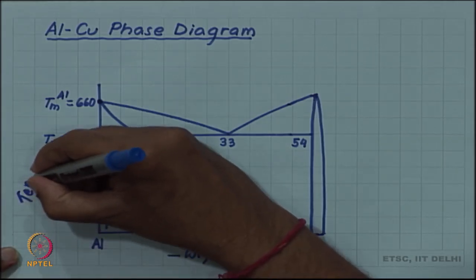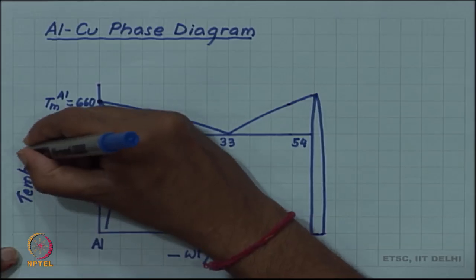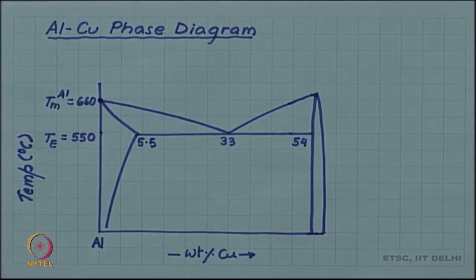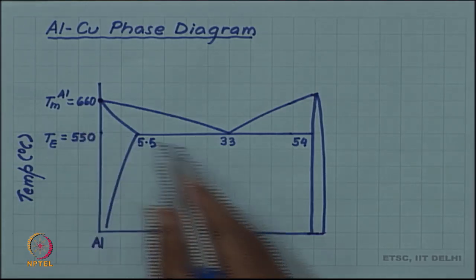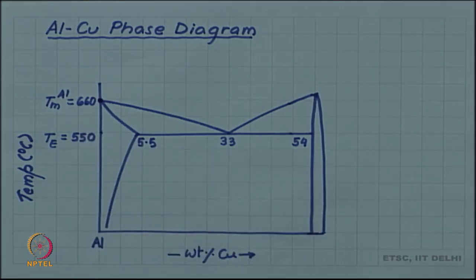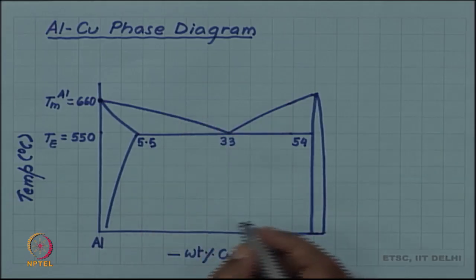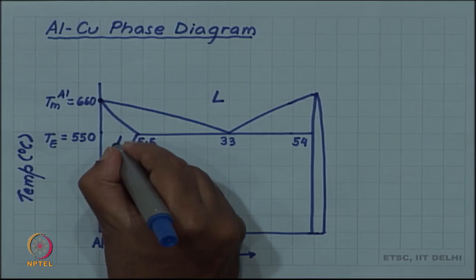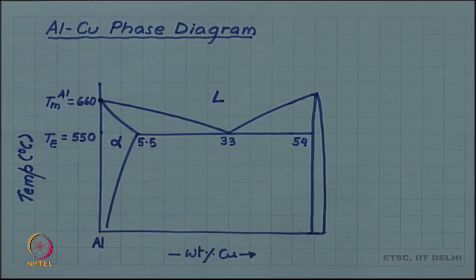This is the temperature axis, as you are now well familiar with for the phase diagram. Then the phase diagram has a eutectic reaction. This is the liquid phase, this is alpha, which is the solid solution phase.